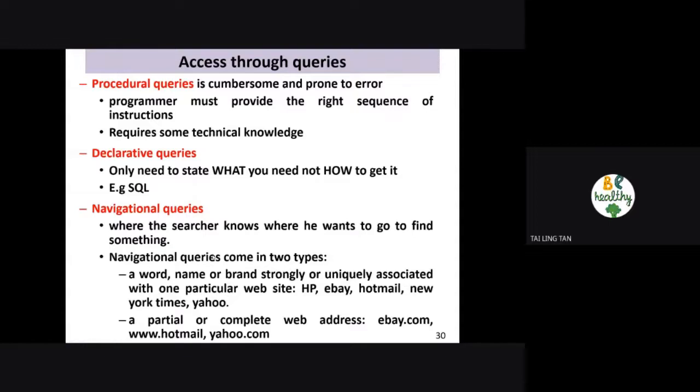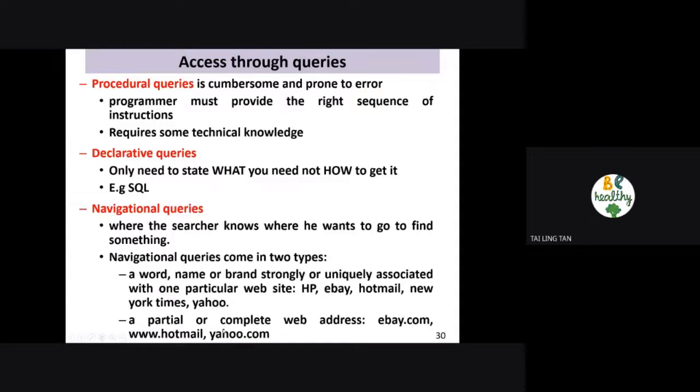So you already know the keyword, and you just type into this searcher, and it will show you the result. So we have some examples here. We have HP, eBay, Hotmail, New York Times. You type this keyword into this search box and press search, it will show you the result. So this is what we call navigation query.